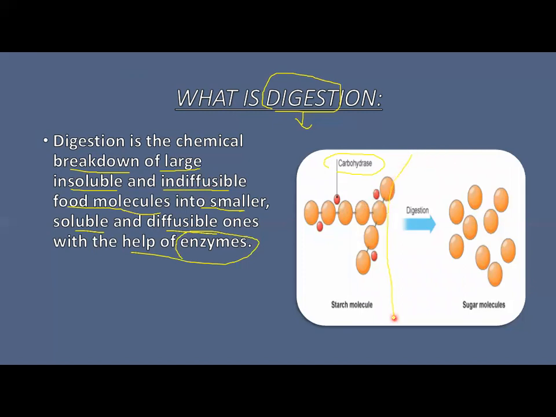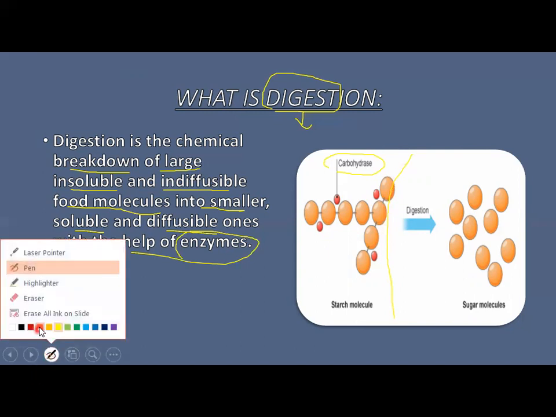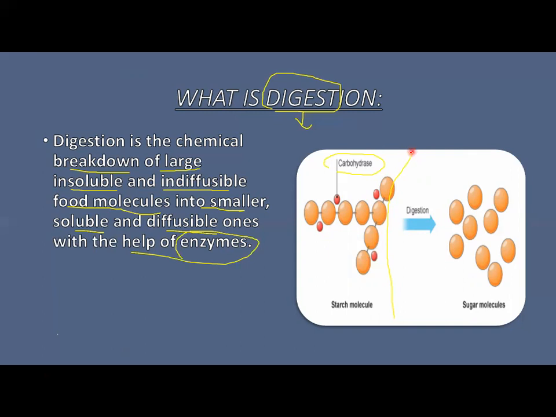Just suppose this is your partially permeable cell membrane, and it has very small pores inside it. So this large molecule of carbohydrate, or you can say the starch molecule, cannot cross your cell membrane because it is too large to cross the cell membrane.